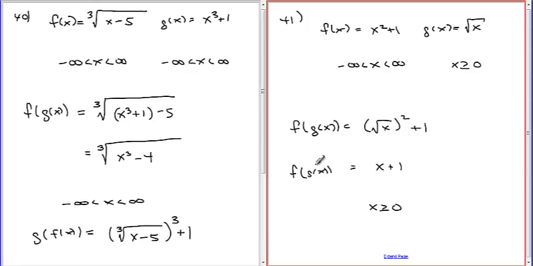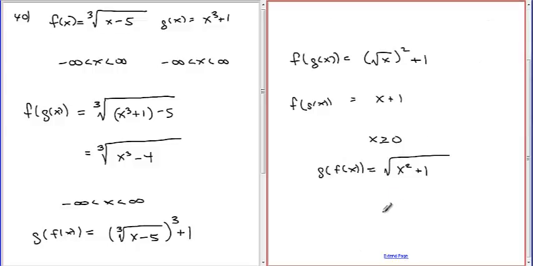Okay, and so we still need to do g of f of x here. So we take this and plug it in there. So we get the square root of x squared plus 1. Now you can't simplify that any. I haven't simplified anything, and I really can't simplify it any further than this anyway.